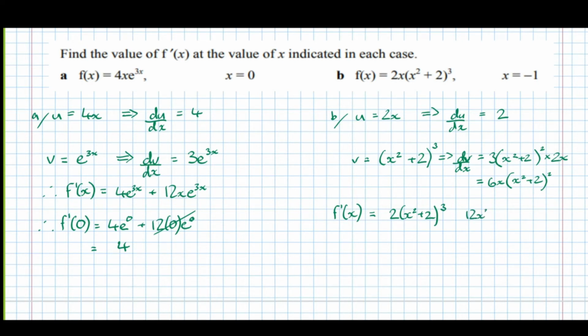I get 12x squared plus 12x squared (x squared plus 2) squared. So now finding the gradient at -1. Subbing the values in, 2 lots of (-1 squared plus 2) cubed plus 12 lots of (-1) squared, (-1 squared plus 2) squared.